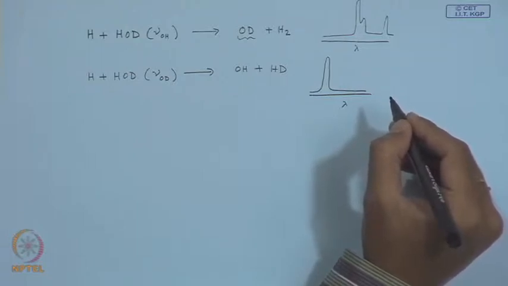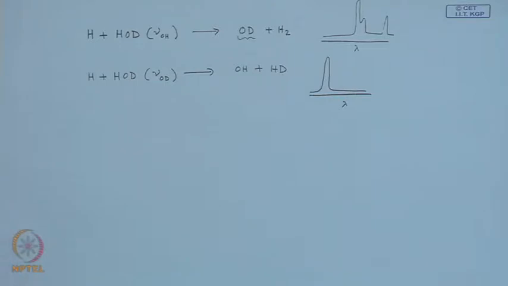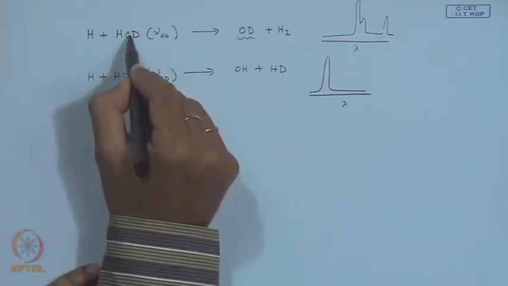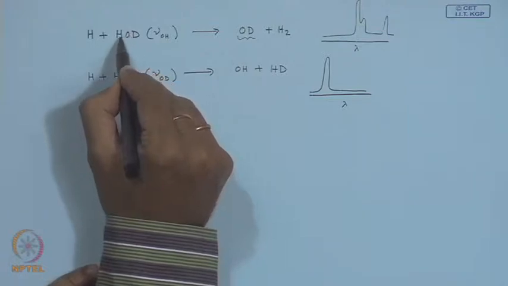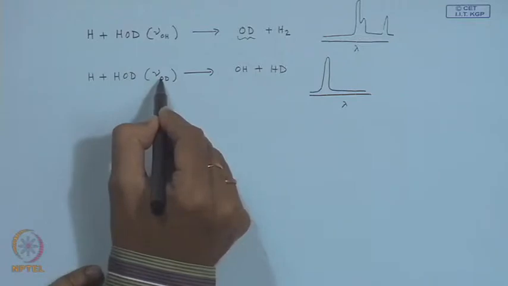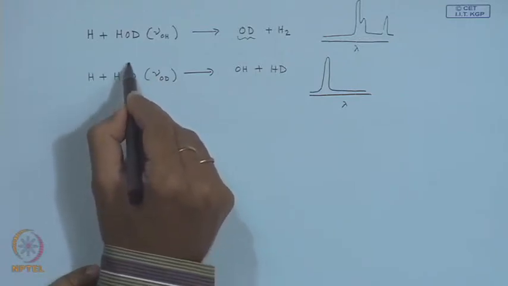You can selectively excite a particular bond. With nu OH you can selectively break the OH bond, and nu OD means you selectively excite the OD bond, therefore it will be ruptured.